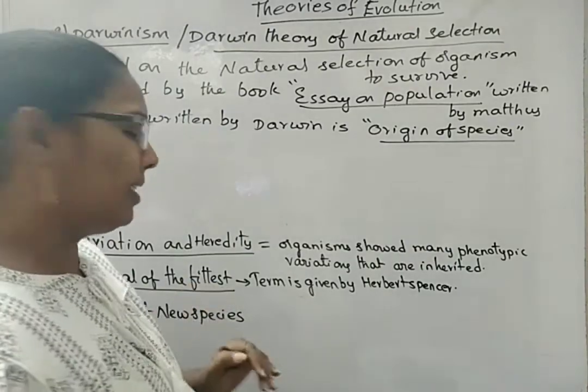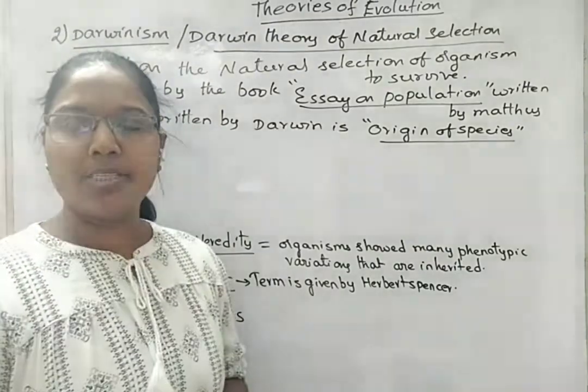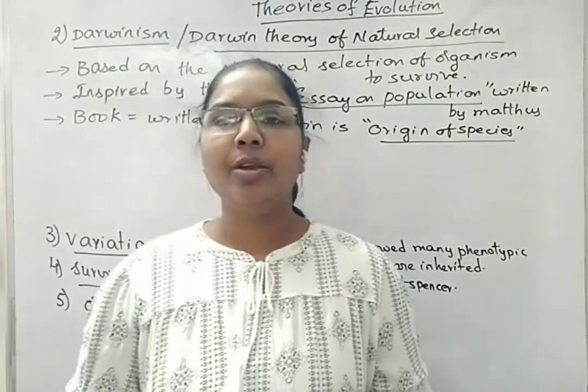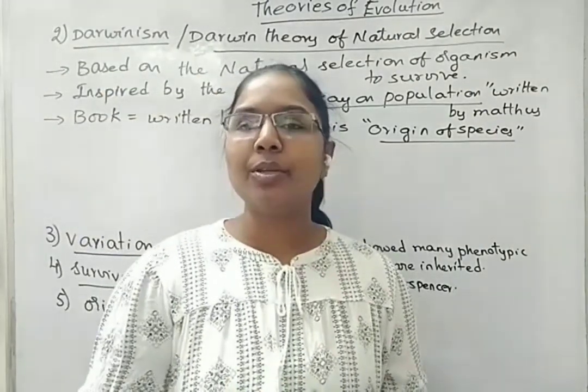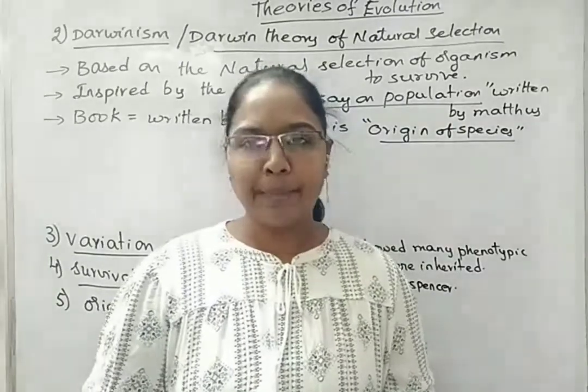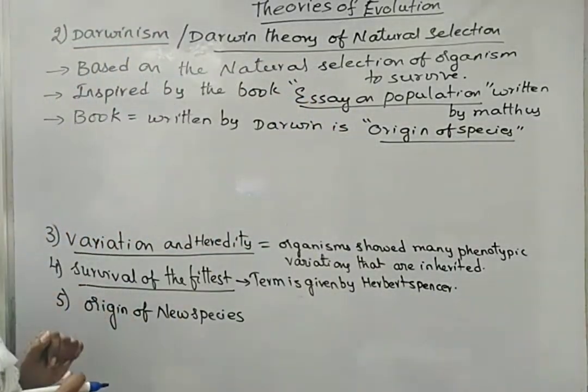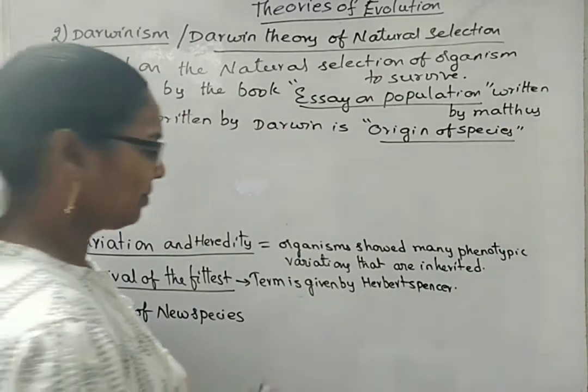What it is telling is only the organism that is having dominant nature to survive in the nature will exist. The recessive charactered organisms will perish. This is the concept given regarding survival of the fittest by Darwin.